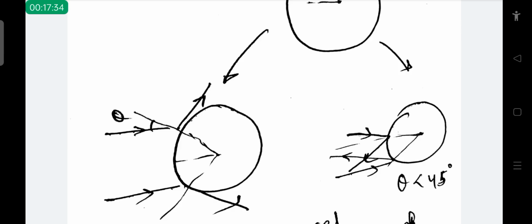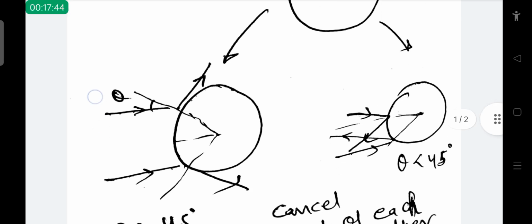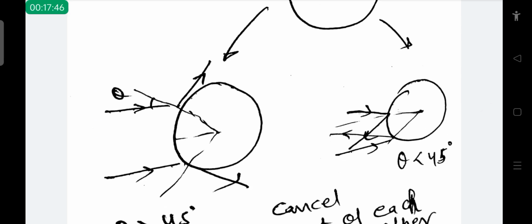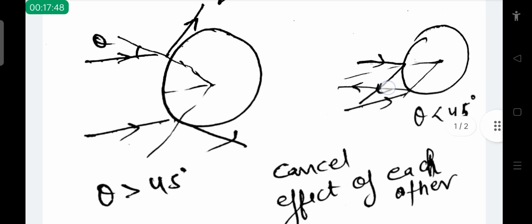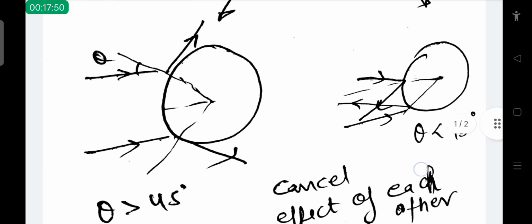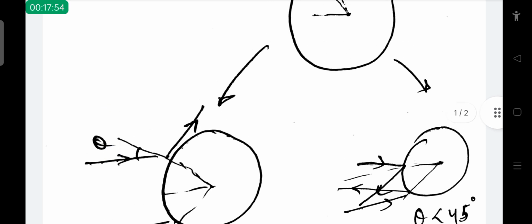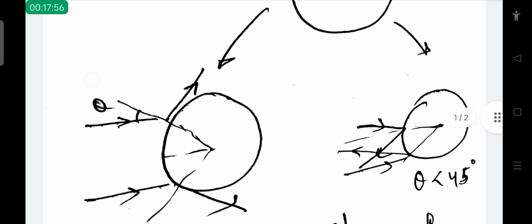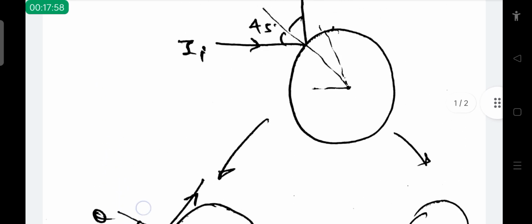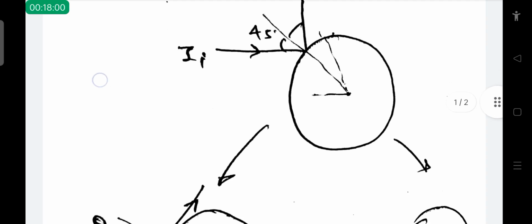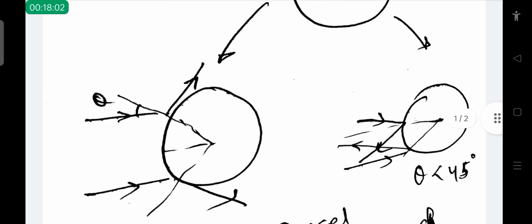It is just like you can understand in the Rutherford model, where some light is deviating at larger angles and some deviated backwards. If you just see the Rutherford model, it is something like this. So they cancel the effect of each other, and by this logic we can say that the final momentum would be zero, right?